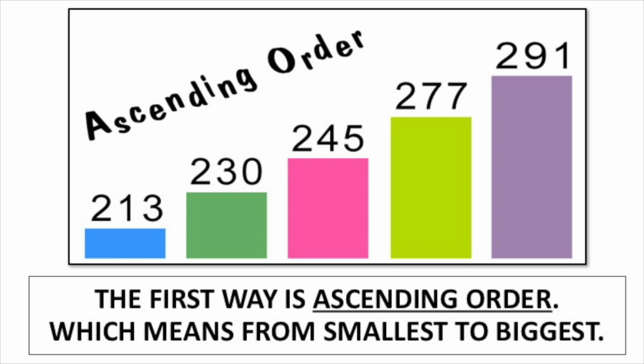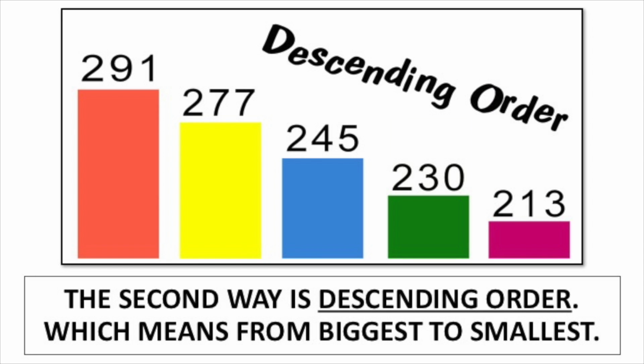We start with the smallest, then the next smallest, then the next, and this is what we call ascending order, from smallest to biggest. The second way is descending order, which means from biggest to smallest.